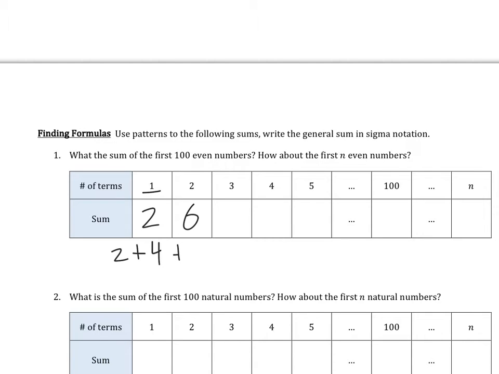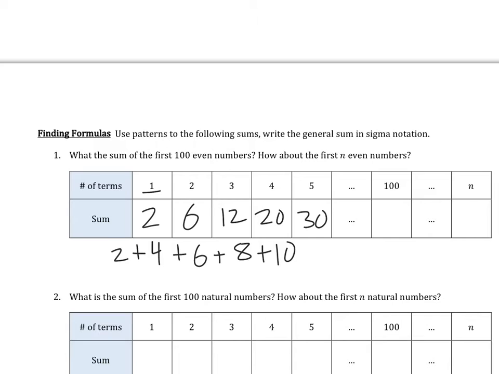If we add up the first 3 even numbers, 2 plus 4 plus 6, we get 12. How about the first 4 even numbers? Add on 8, we get 20. Add up the first 5 even numbers, 2 through 10, and we get 30.